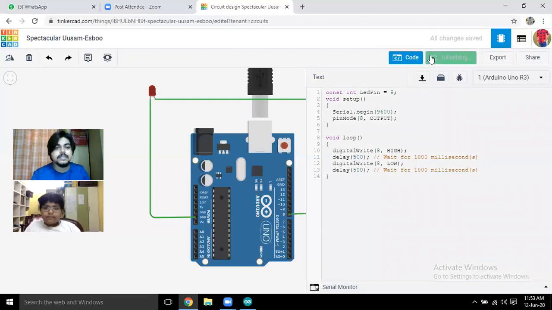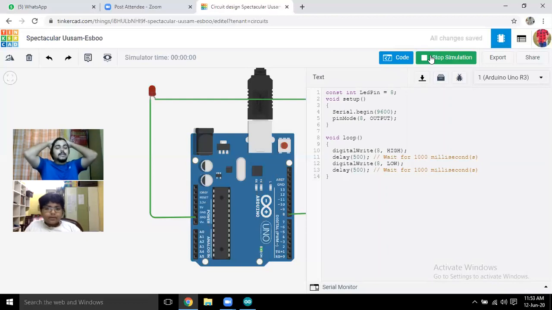Again, we are simulating. See, it will happen faster now. Because we are just shortening the delay, so the activity is happening much faster.